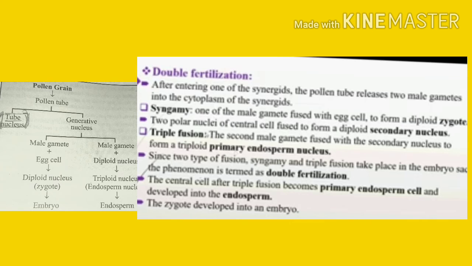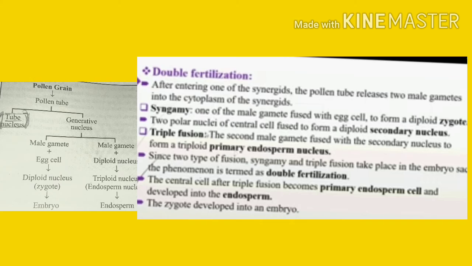After entering one of the synergids, the pollen tube releases two male gametes into the cytoplasm of the synergid. First, syngamy takes place. One of the male gametes fuses with the egg cell to form the diploid zygote.